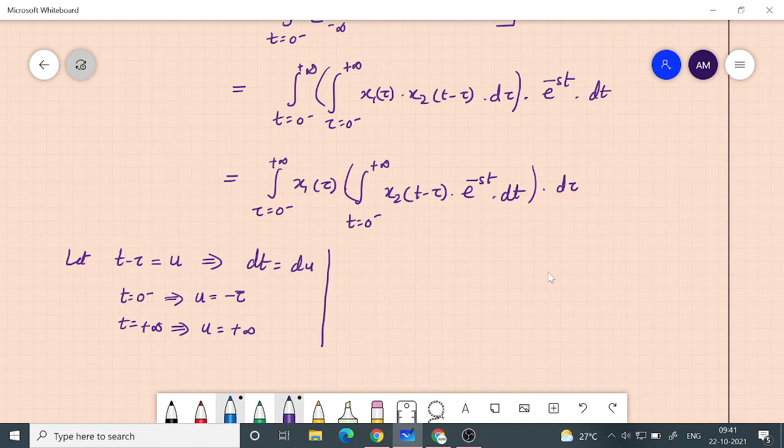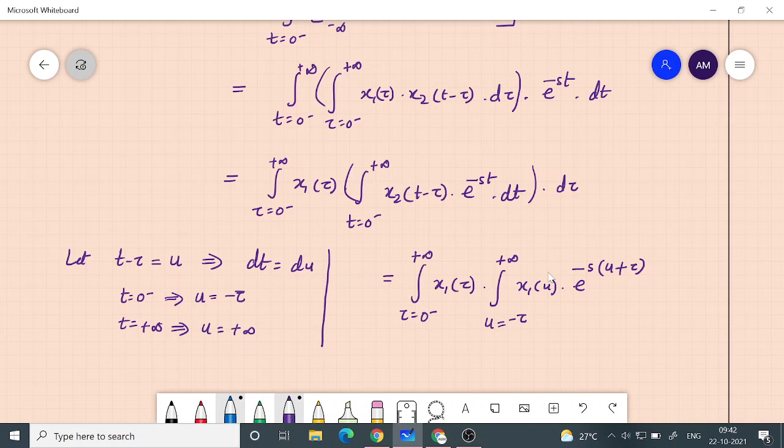Okay, so if you change the variables, we can write it as the integral with tau going from 0 minus to plus infinity of x1 of tau into the integral, where now the integration is with respect to u, going from minus tau to plus infinity, of x2 of u into e raised to minus s times u plus tau.